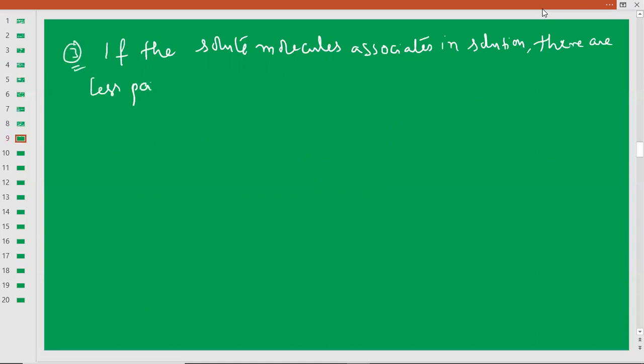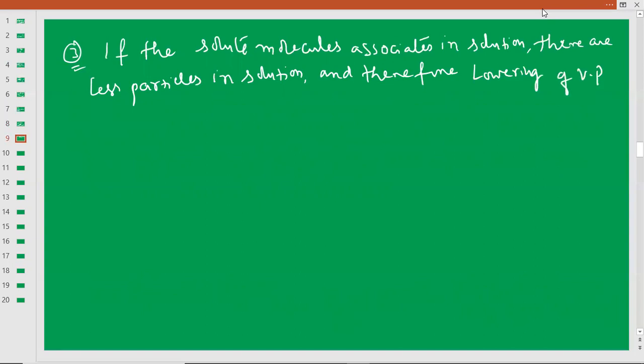There are less particles in solution, and therefore lowering of vapor pressure shows a decreased effect.